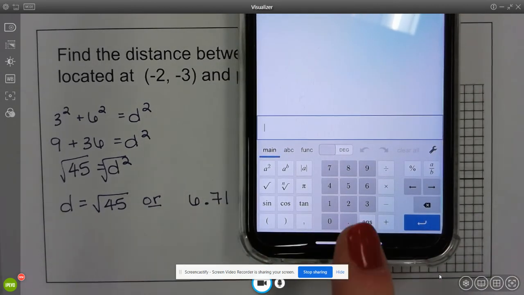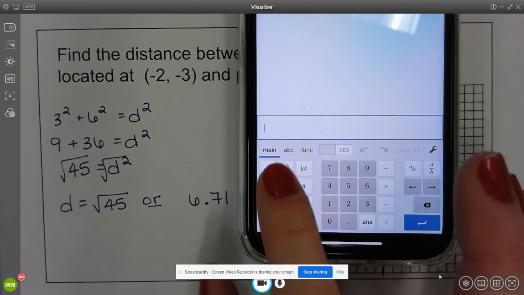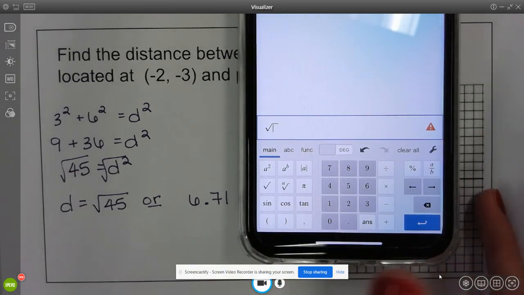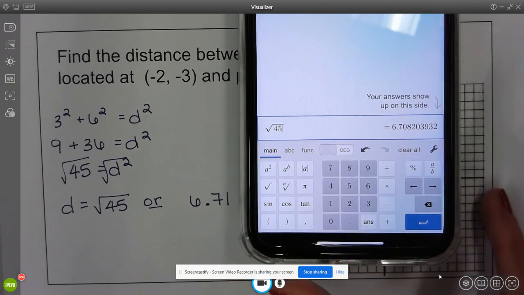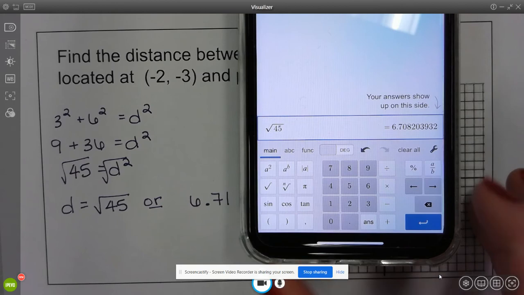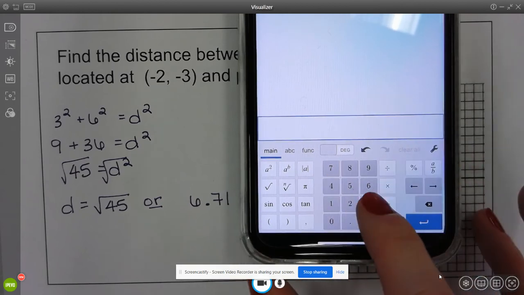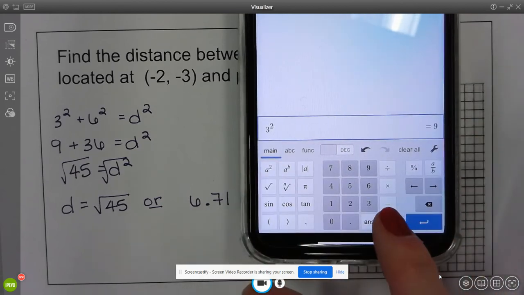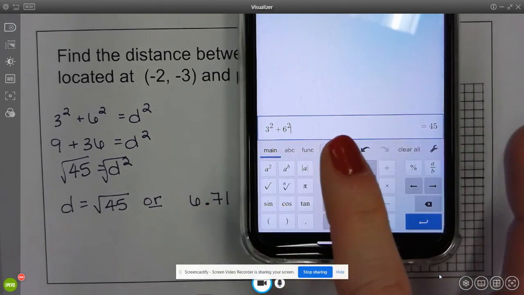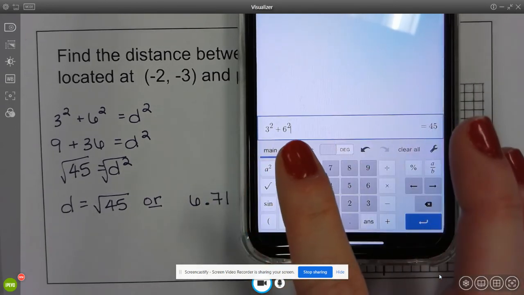So if I'm going to do it in my Desmos calculator app, I hit the square root button first and then type in 45, and then it will tell me my answer here. Now you can also do 3 squared plus 6 squared in your calculator without having to do them separately.